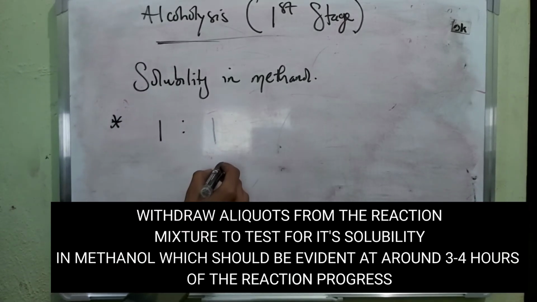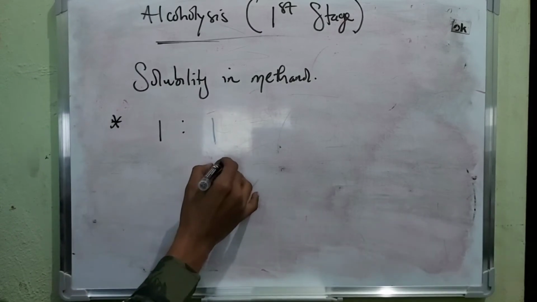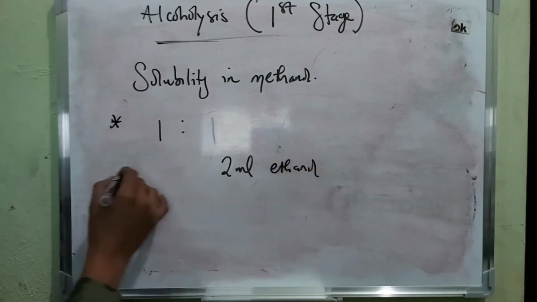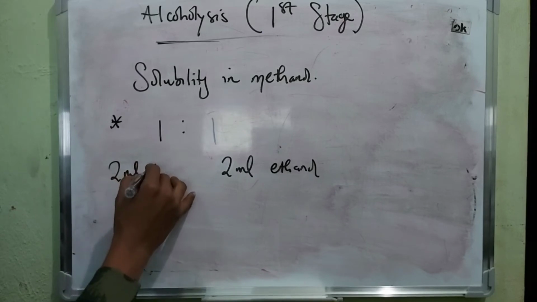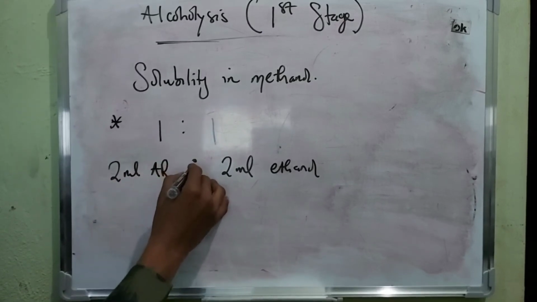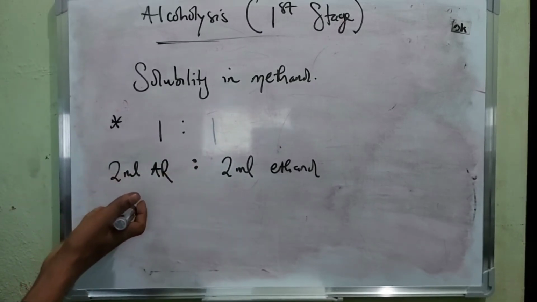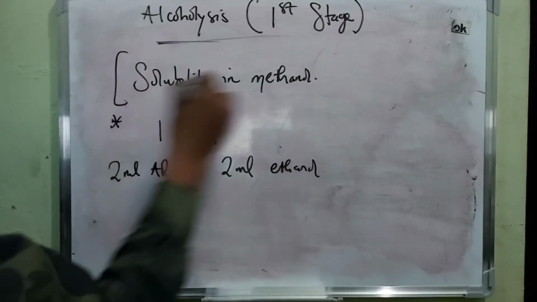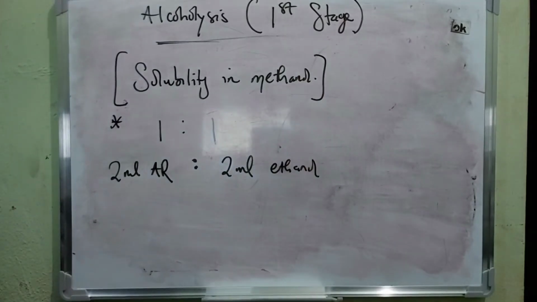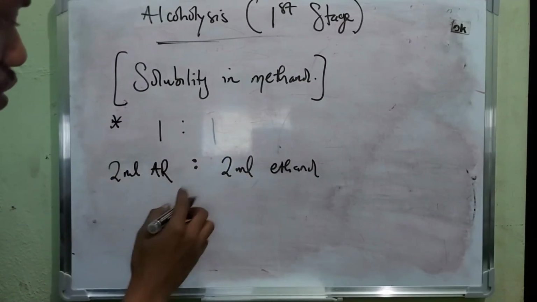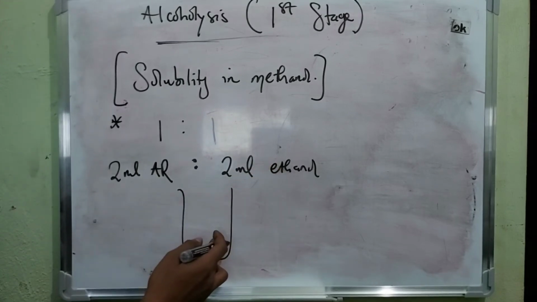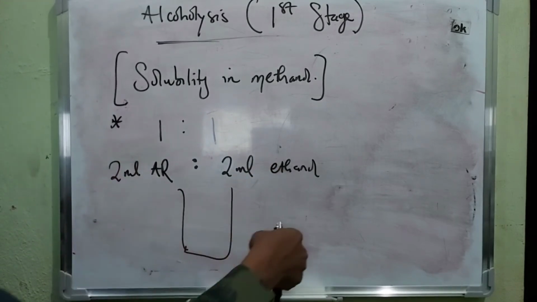You could choose, let's say, 2 ml ethanol and 2 ml of the alkyd resin. You've withdrawn the aliquot, and you're testing for the solubility in methanol. So the solubility in methanol tells you that the first stage is complete. When you mix these two, you determine its solubility. Just equal amounts of ethanol into this beaker, then withdraw the aliquot.